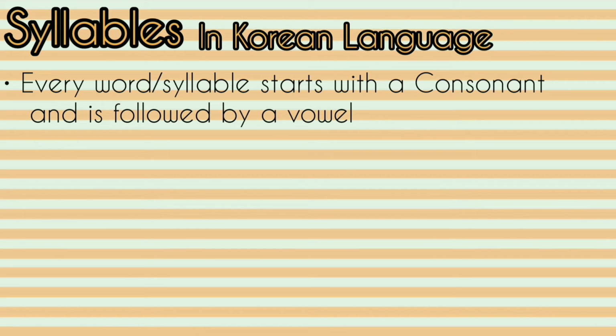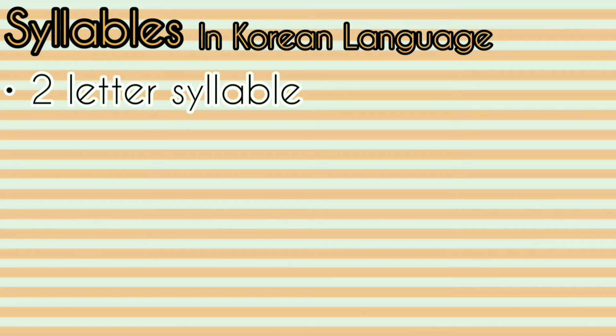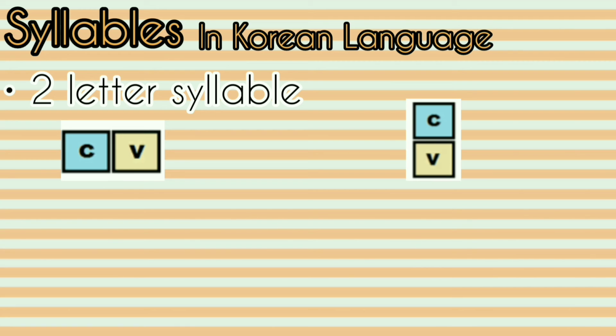So, as I have mentioned earlier, the syllables in Korean can consist of two, three, or four letters, and each of these syllables has two types. Let us move on to the individual types of syllables. For a syllable consisting of two letters, the first type is where a vowel is written aside to a consonant, and the second type is where a vowel is written below the consonant.